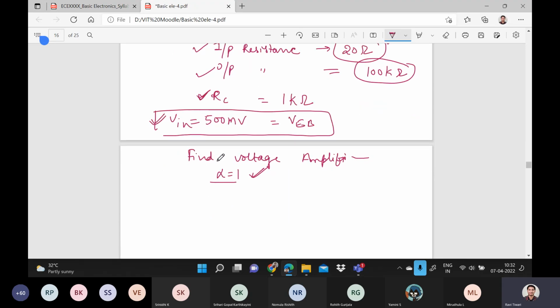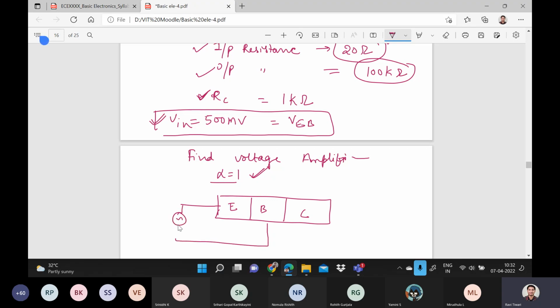So again, I'm drawing the same thing, what they have actually given us. Here this is the emitter, this is the base, this is the collector. And here assume the input as 500 millivolt. This is the IE.